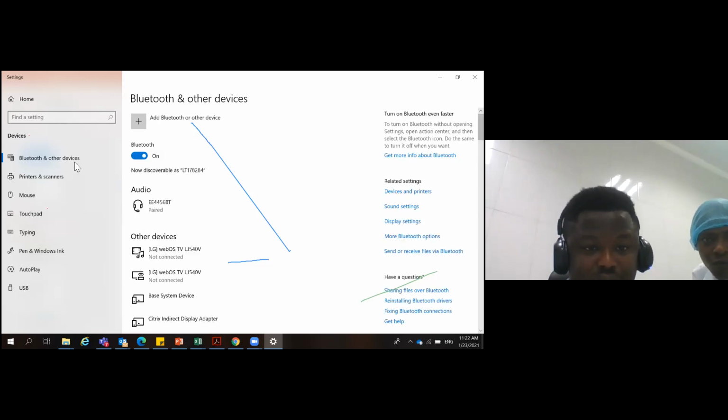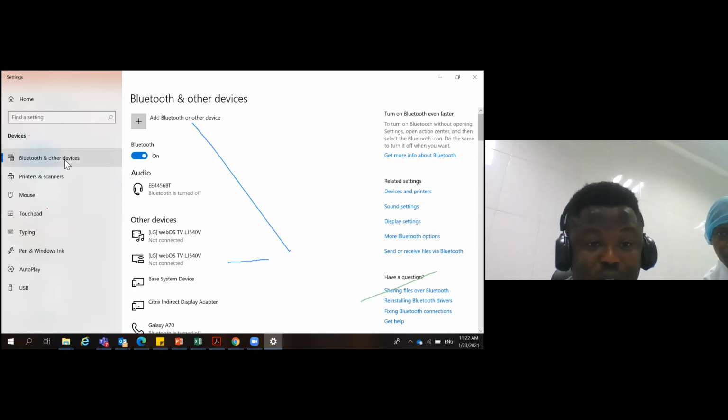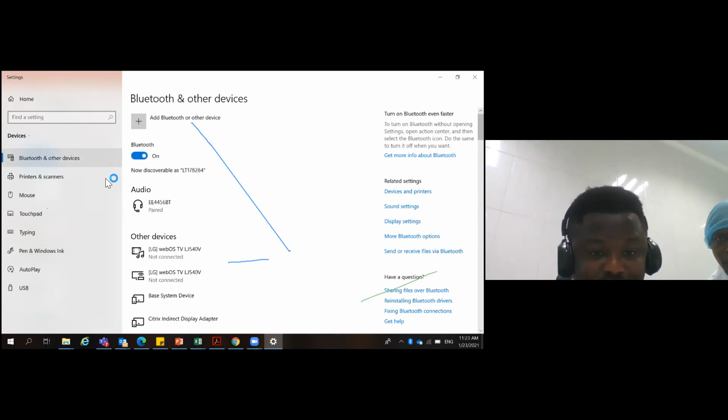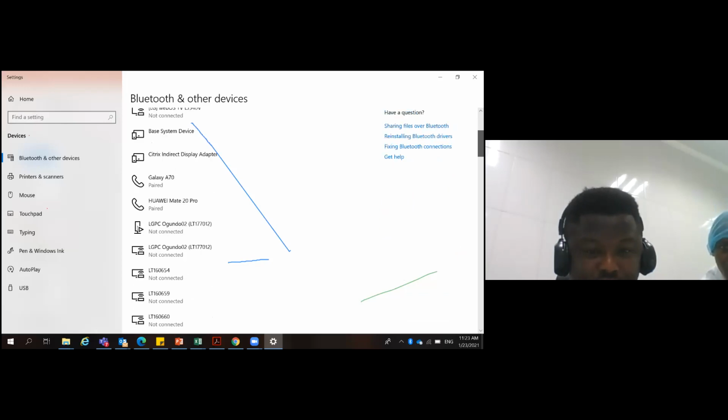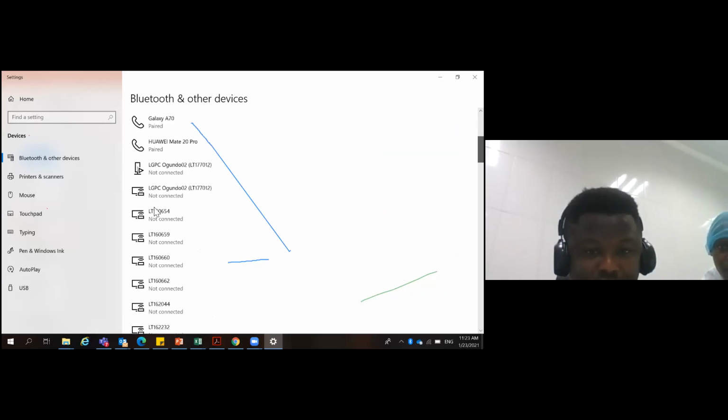Let me see, other device. Sorry, I'm trying to connect them. IBK said I should share it with everybody. Is it not the one showing paired? It has a name, so it's not this.